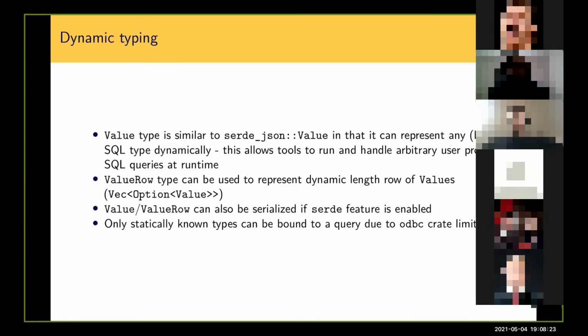I also added, with the serde feature, value and therefore value row can be serialized. So again, this is very handy for dumping things as JSON or as anything else that serde supports.